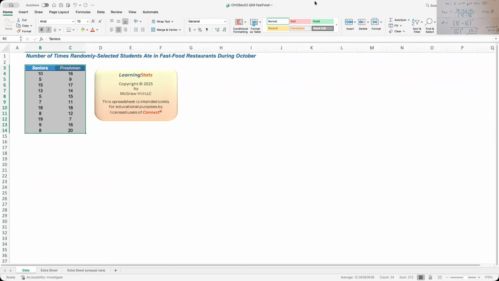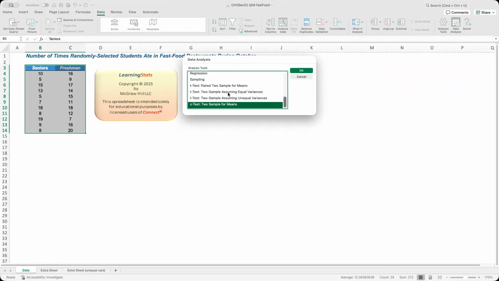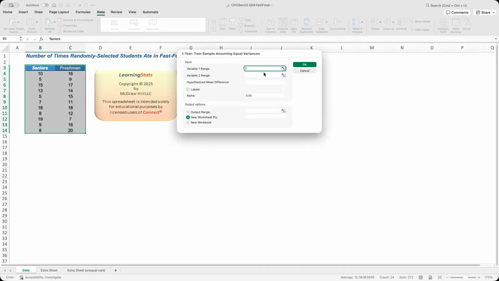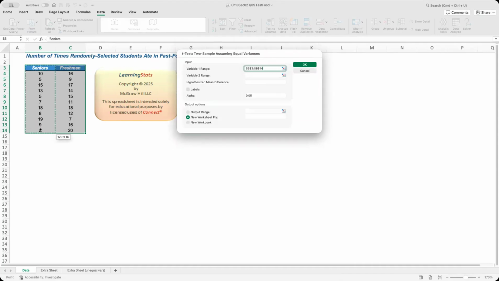So, under the Data tab, Data Analysis, t-test two-sample, assuming equal variance. Variable 1, seniors, because it's on the left.